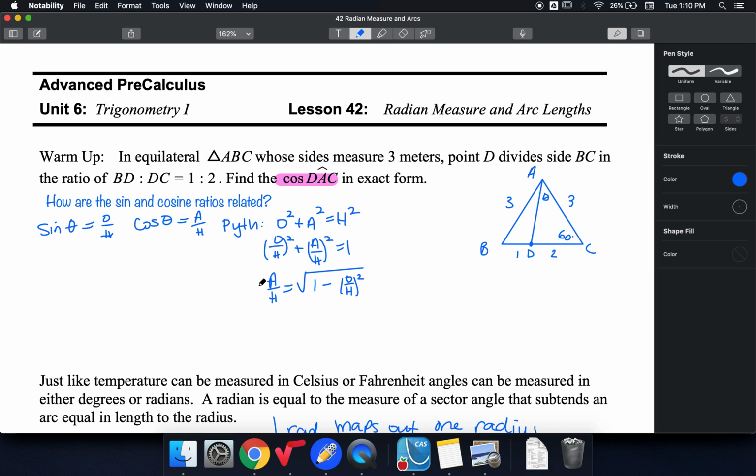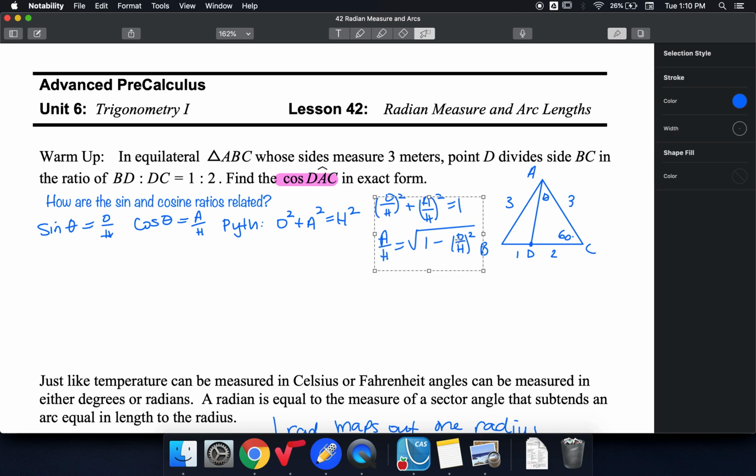I can also say that cosine of theta is the square root of 1 minus sine squared theta, because of course opposite over hypotenuse is sine theta. So if I square it, I get sine squared theta. All right, so this is something that we need to know. I'm going to move this over just to have some more space.